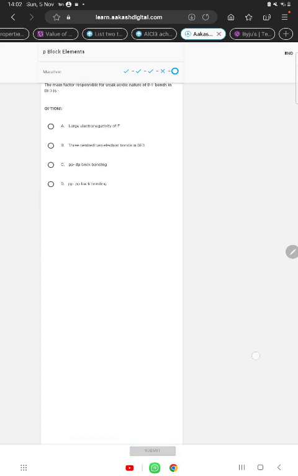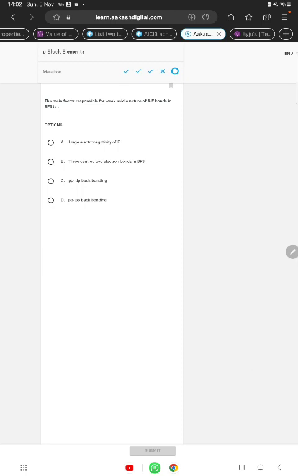The main factor responsible for the weak acidic nature of the B-F bond in BF3 is: large electronegativity of fluorine, 3 center 2 electron bond, pπ-dπ back bonding, pπ-pπ back bonding.